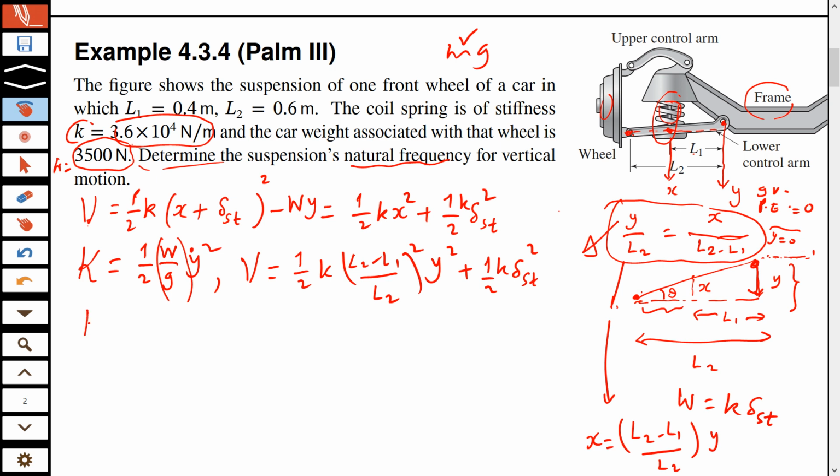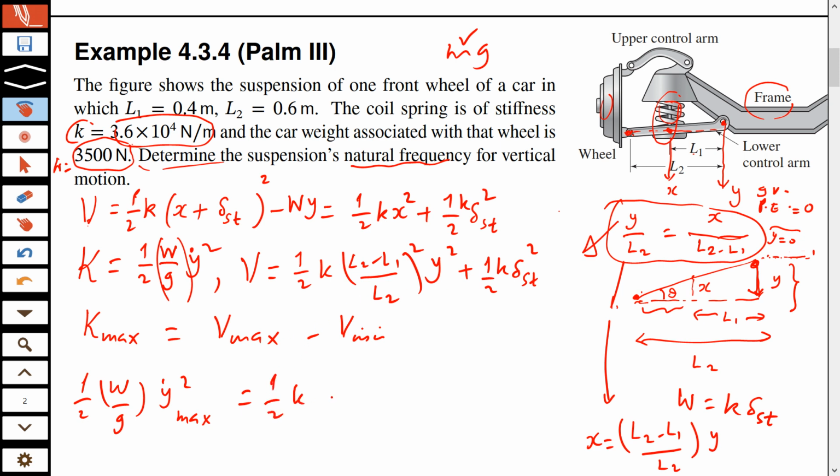So now you know that in Rayleigh's method I will need k max, and that should equal v max minus v min. Okay, so what is k max? K max is half w over g y dot max squared. Okay, and v max is half k L2 minus L1 over L2 squared y max squared, plus half k delta st squared.